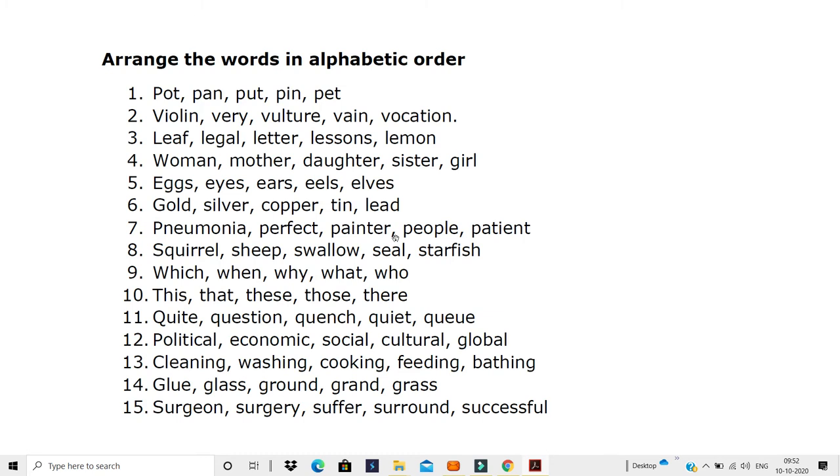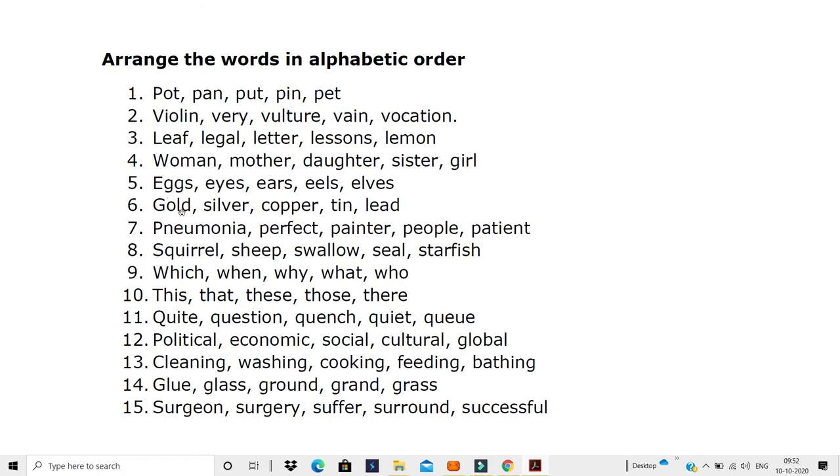So you have two which are starting with A. Correct? These two are starting with A. So you will write these two first, because theirs is the first alphabet. Now among these two, which will you write first? To see that, you will see the third alphabet. So third alphabet here is I and third alphabet here is T. So naturally this will come first because I comes before T. After writing painter, then you will write the word patient.